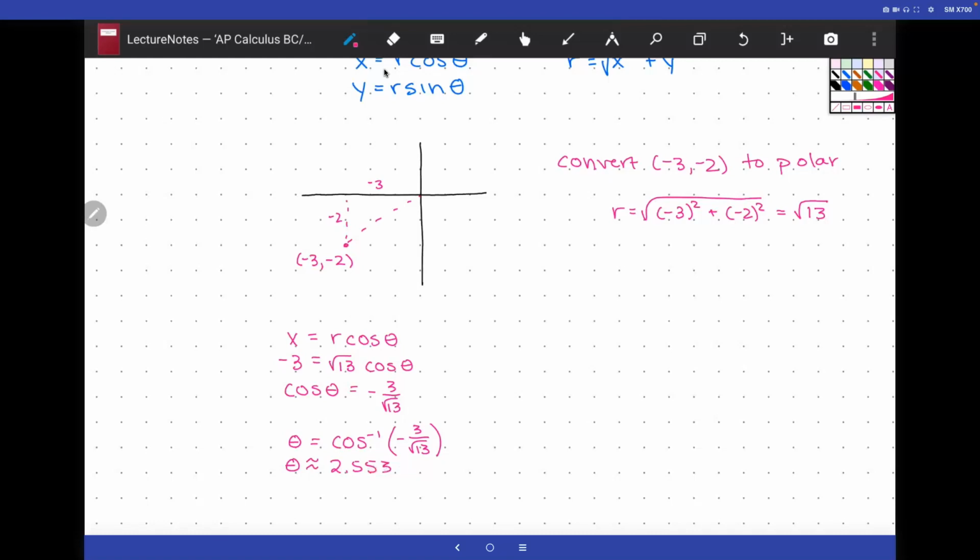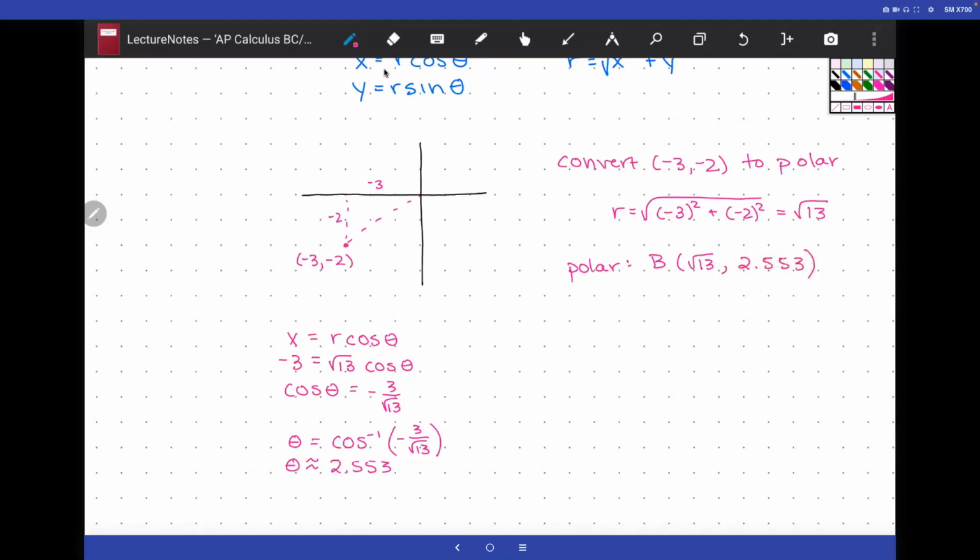So it looks like we could say in polar form, point B is r, theta. That's not right, though. Karen, do you see it, or do you have your hand up for something else? 2.553 is less than pi. So how do you get the radius to show up in the right quadrant? Yeah.